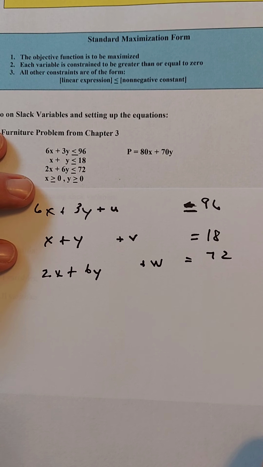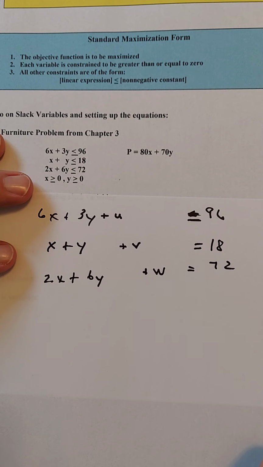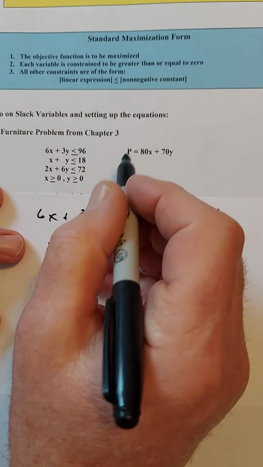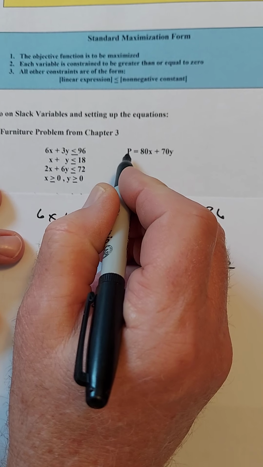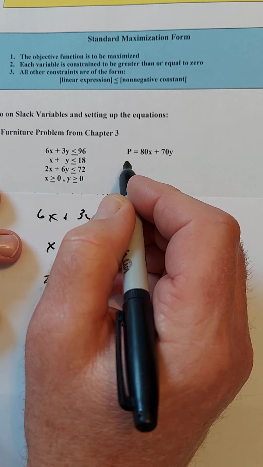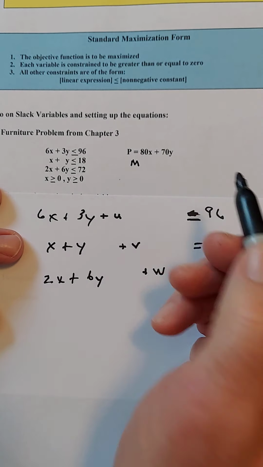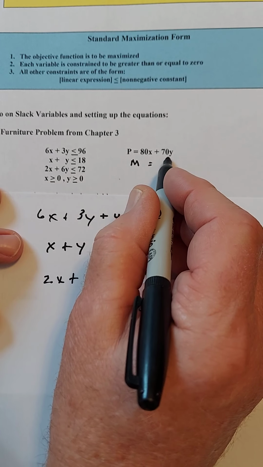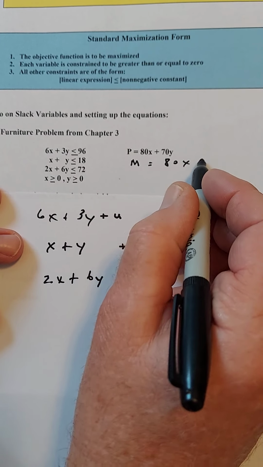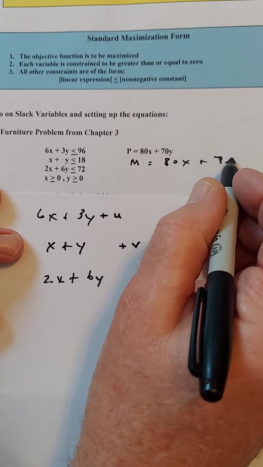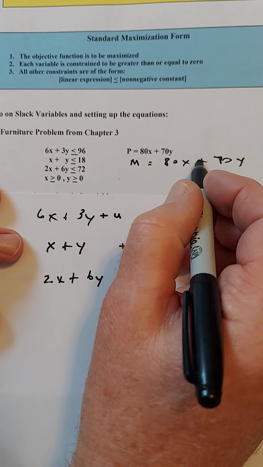Okay, now let's do one more thing here. The book, okay, I got P equals, so that's like your profit function. The book lets M represent that, so I'm going to put M equals 80x plus 70y, and I'm going to change the form a little bit.